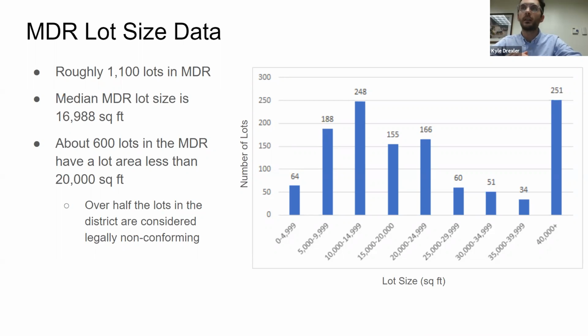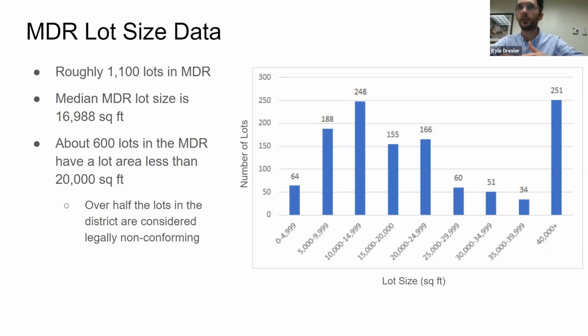If you look at the graph on the right side, you can see that there are a lot of lots under that 20,000 square foot mark. There are also a lot of lots on the very high end, and that's because a lot of the undeveloped lots in the district haven't been subdivided yet. They remain untouched because of, perhaps, environmental or natural resource reasons. So those are on the larger side.